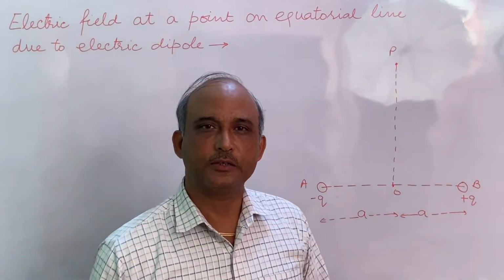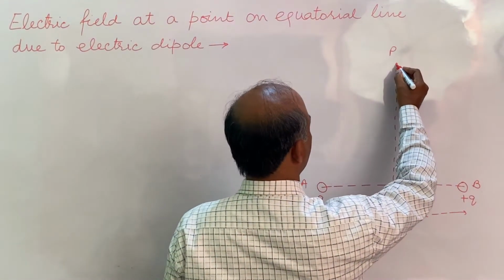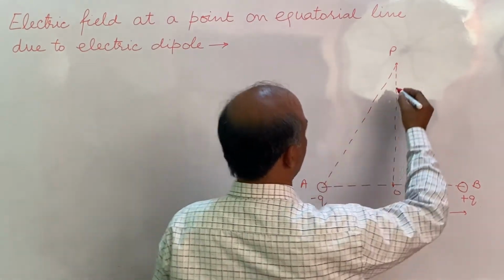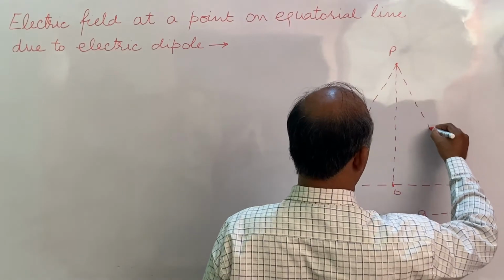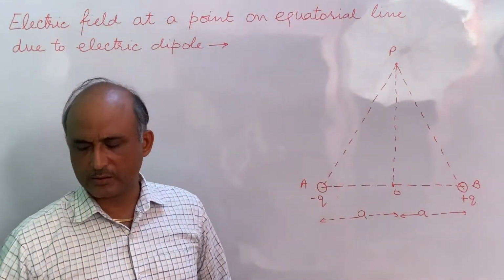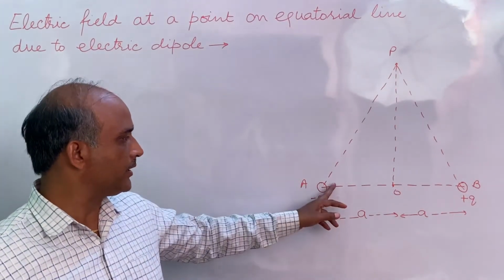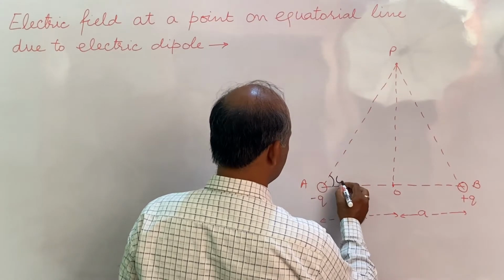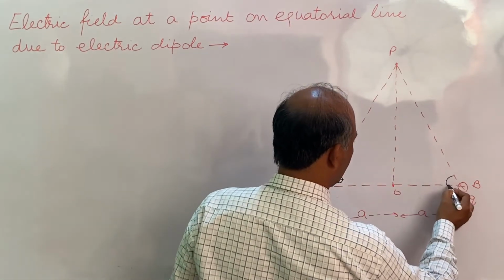For this, join point P to A and to B. Suppose the angle subtended at this is theta, and here also theta.